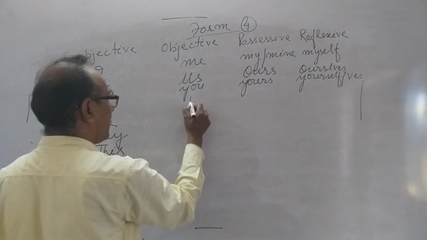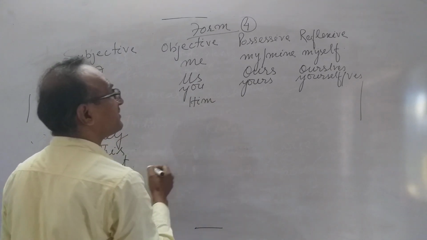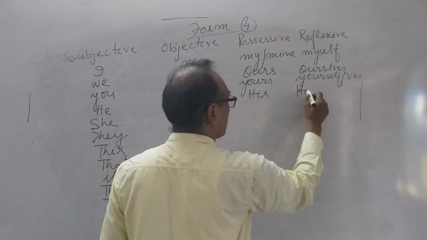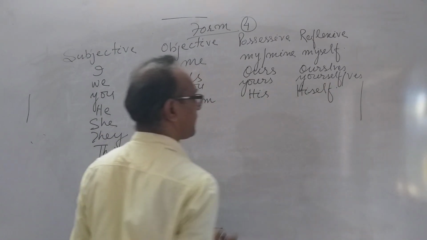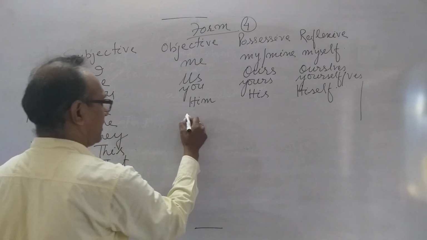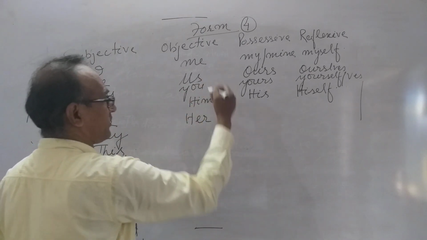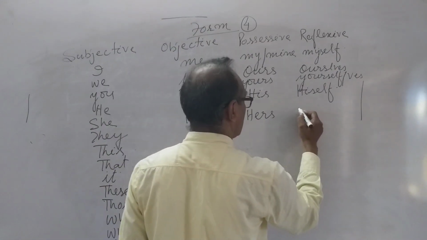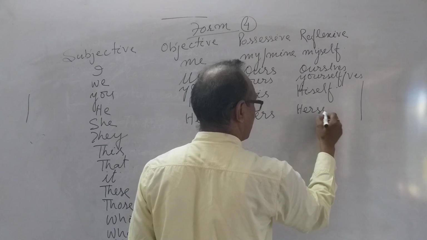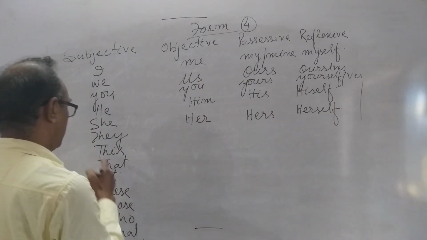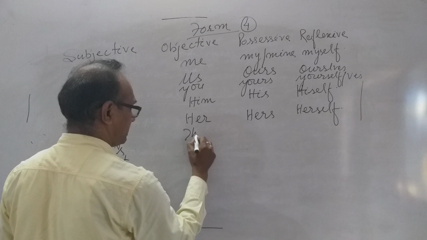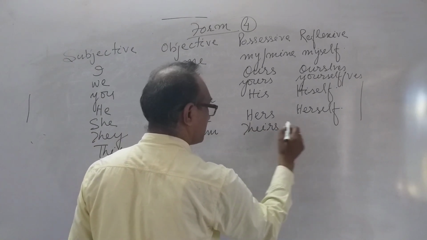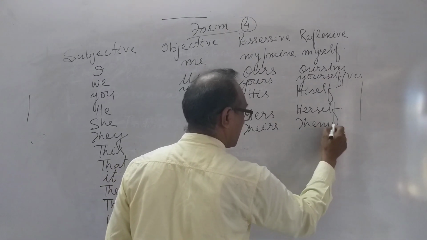For he, it is him, possessive is his, reflexive is himself. For she, it is her, possessive is hers, and reflexive is herself. For they, it is them, theirs, themselves.